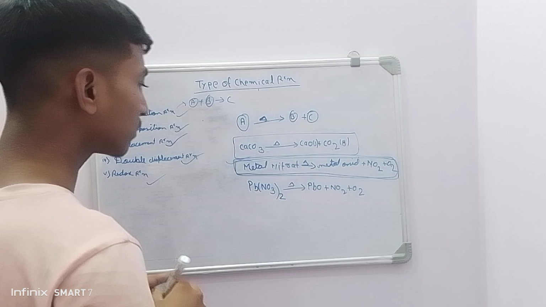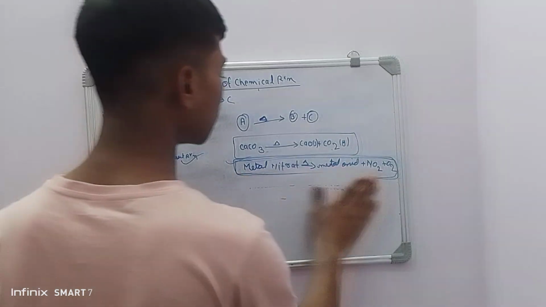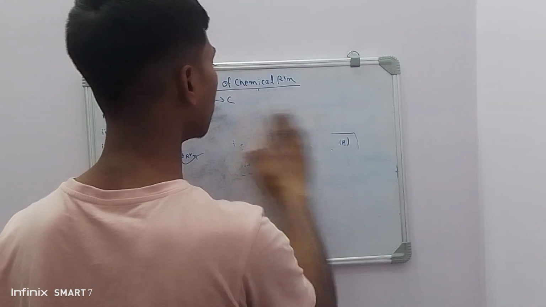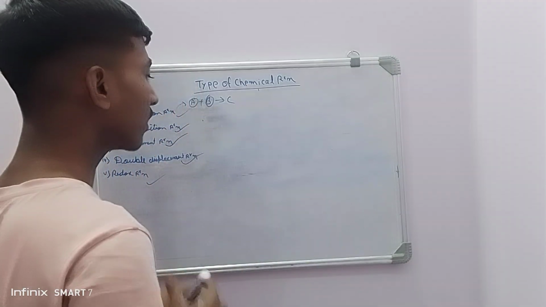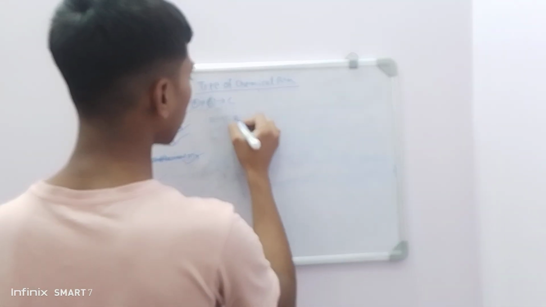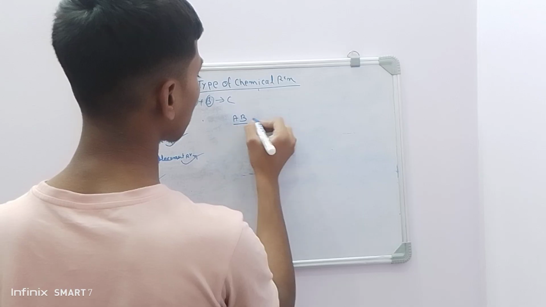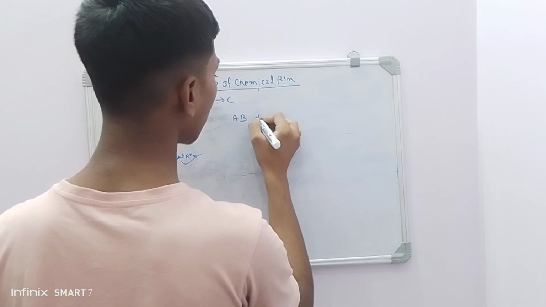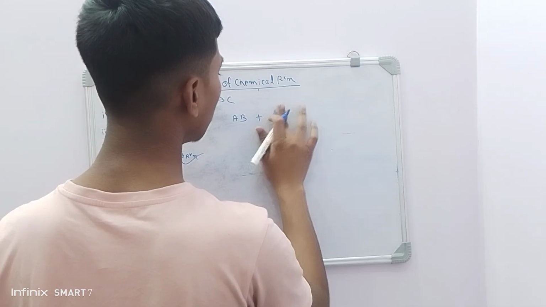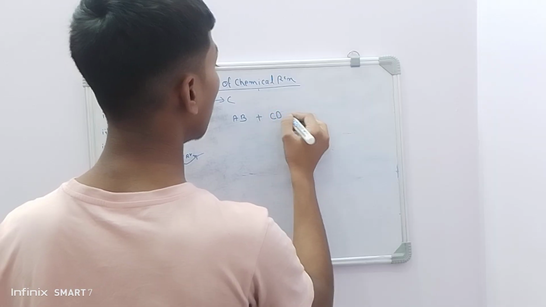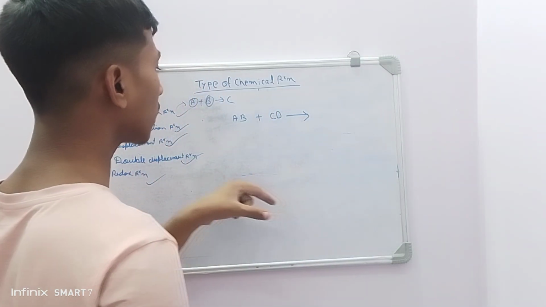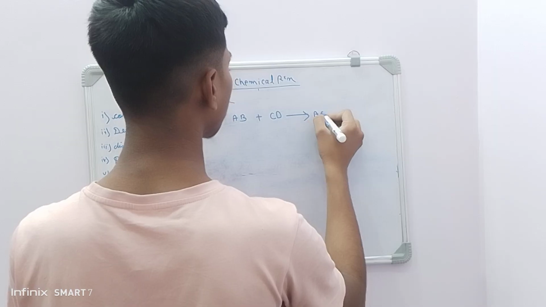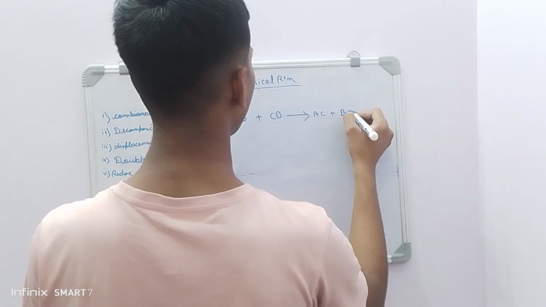And another is the displacement reaction. Displacement reaction is also very interesting, in which you will see that the reactants change their positions. Let's suppose AB and CD react together to form the products AC and BD.